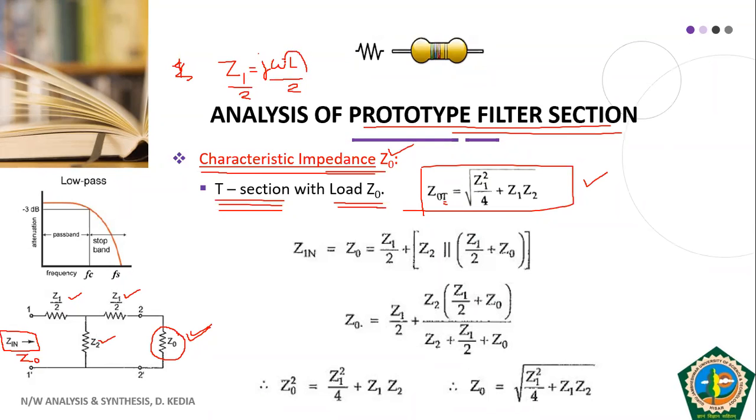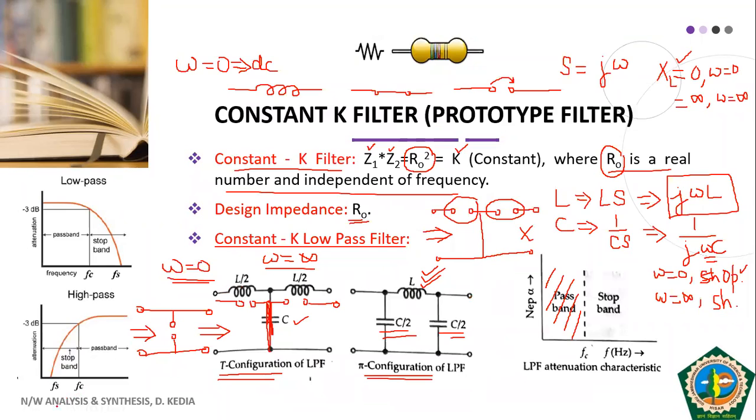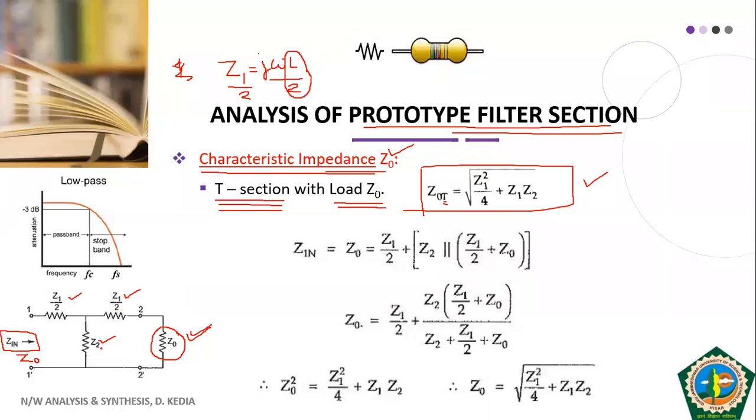So what is the inductor value? Inductor value is L by 2. That's why L by 2 was shown there. Fine, and this was Z2. Z2 is nothing but your 1 by j omega C. So C remains as it is.